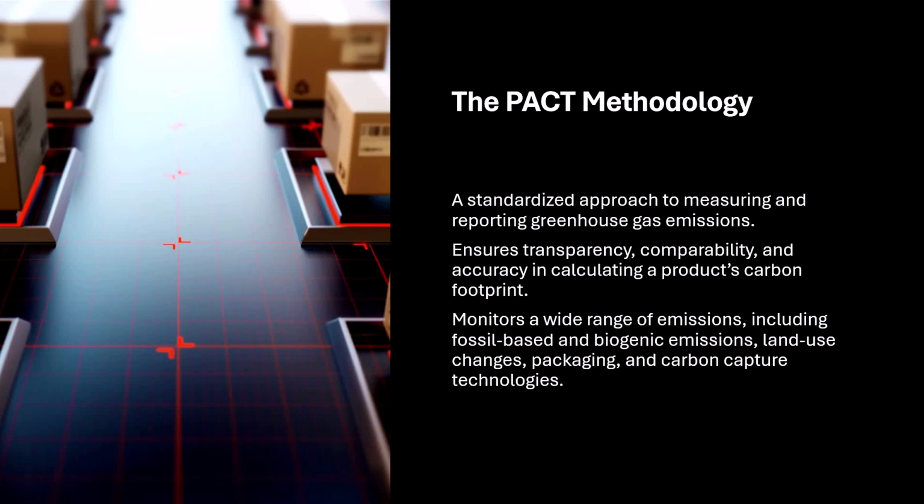PACT version 3 is designed to ensure transparency, compatibility, and accuracy in calculating a product's carbon footprint. It monitors a wide range of emissions, from fossil-based and biogenic emissions to those arising from land use changes, packaging, and even carbon capture technologies. This makes it one of the most comprehensive frameworks available for GHG emissions monitoring.